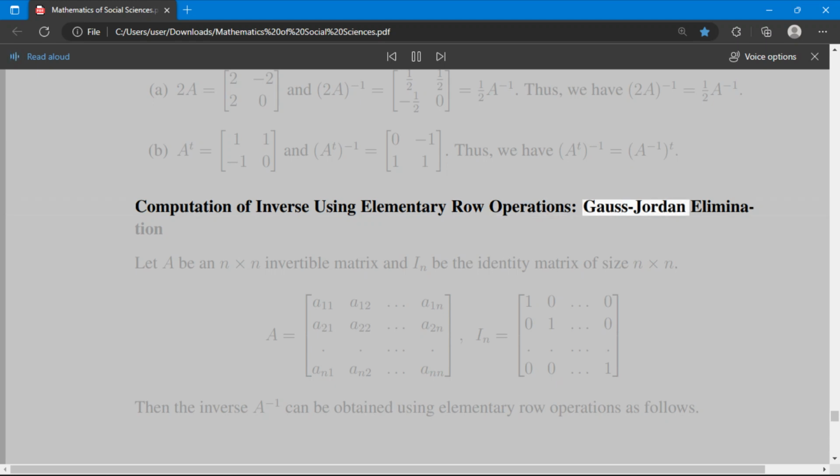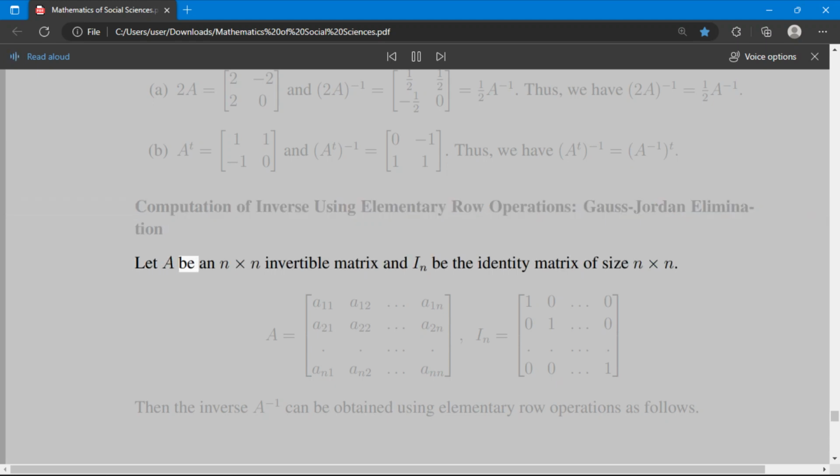Computation of inverse using elementary row operations, Gauss-Jordan elimination. Let A be an n times n invertible matrix and In be the identity matrix of size n times n.